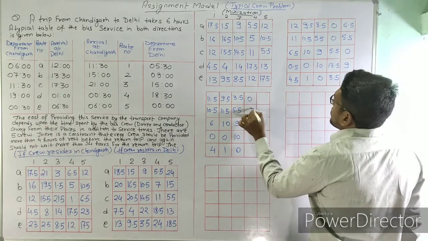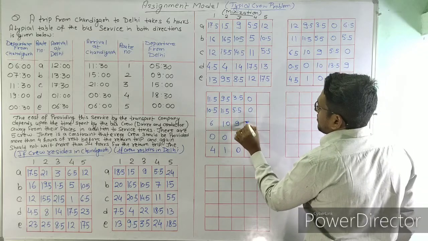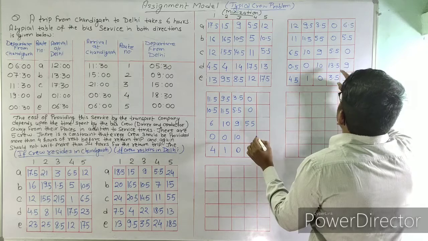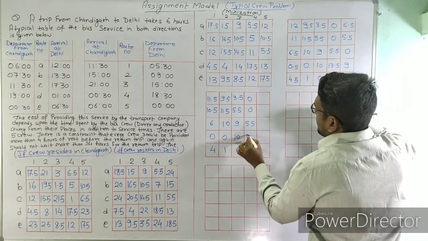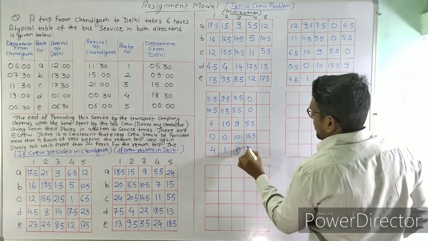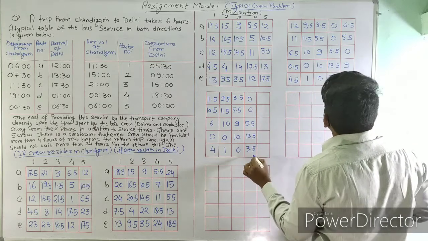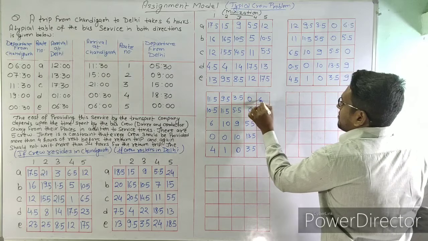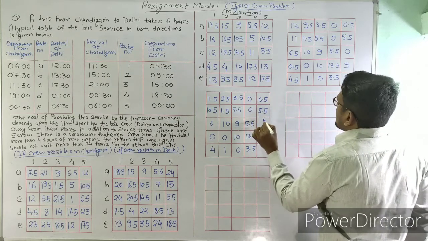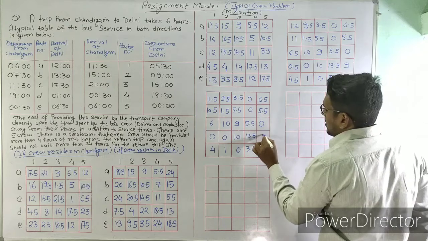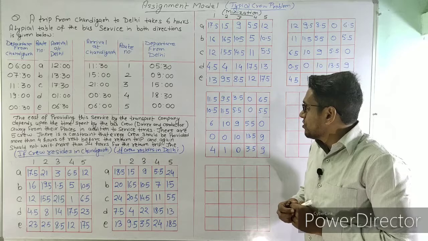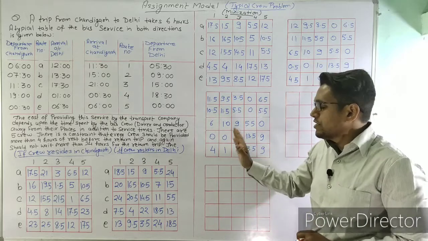Here we have 0, 0, 5.5, 5.5, 13.5 and 3.5, 3.5. Here we have 6.5, 5.5, 0, 9 and 9. So now we have zeros in each row and in each column.